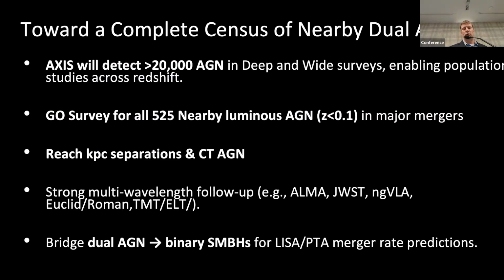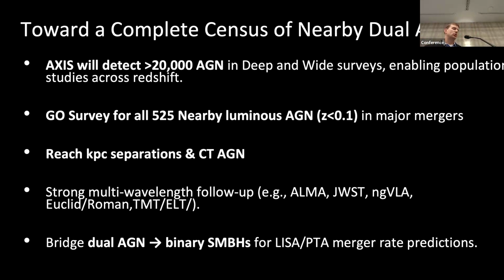Just to give you a quick summary, AXIS will detect 20,000 AGN in its deep and wide surveys, and it will really enable the first study of dual AGN activity for a large, complete sample across redshift. I think a survey of all nearby luminous AGN that are in major mergers will be a critical step to make a comparison to that great survey of distant dual AGN, because we can reach kiloparsec separations and very obscured AGN.